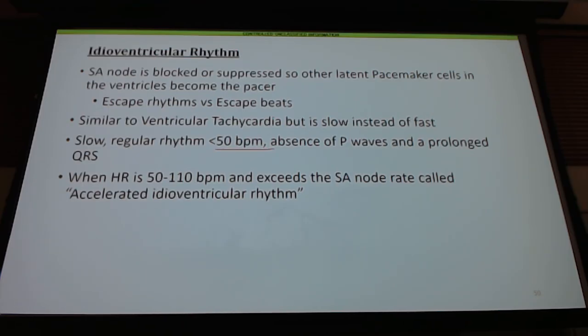So it may look like V-tach, but it's just going excessively slow. Or you can have an accelerated idioventricular rhythm, which is 50 to 110 beats per minute. So it's faster, maybe a normal physiologic rate. But remember, a V-tach is going to be in excess of 150 beats per minute. So that 110 is still slower than what you would expect of a V-tach.